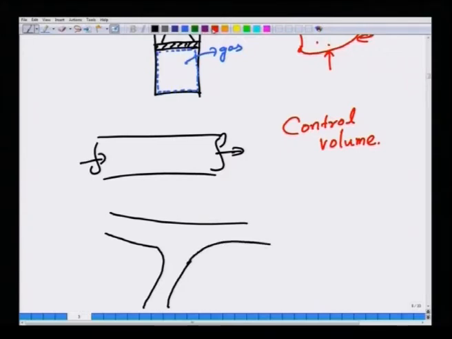So, the control volume we may choose to be something like this. It is completely imaginary, it just aids our problem solving. We may just choose it so that it is present just inside the surface of the conduit of this Y shaped, T shaped conduit. So, there are surfaces where fluid comes in and there are surfaces where fluid leaves.